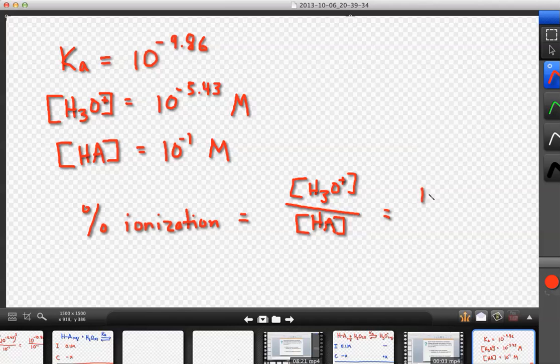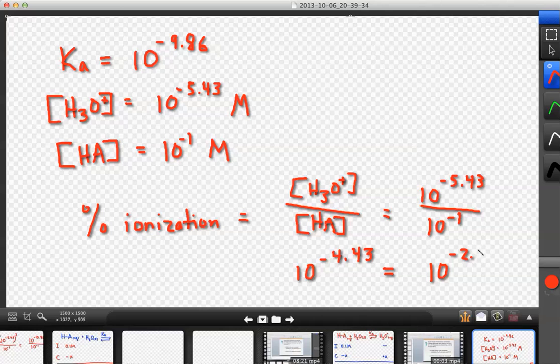In this case, we have 10 to the minus 5.43 divided by 10 to the minus 1. That is 10 to the minus 4.43, which is 10 to the minus 2.43 percent.